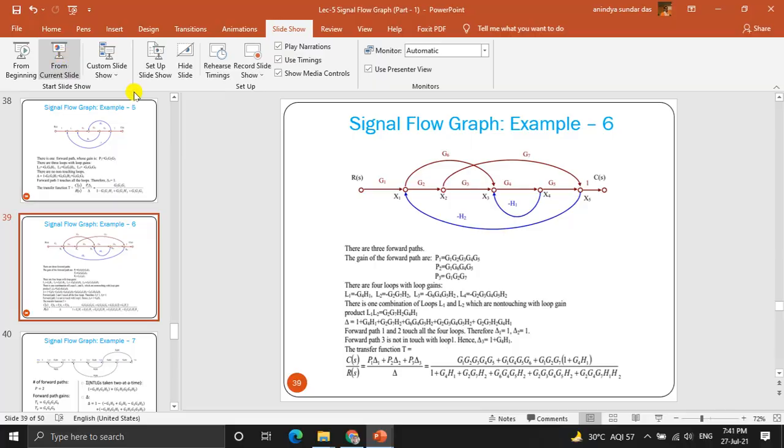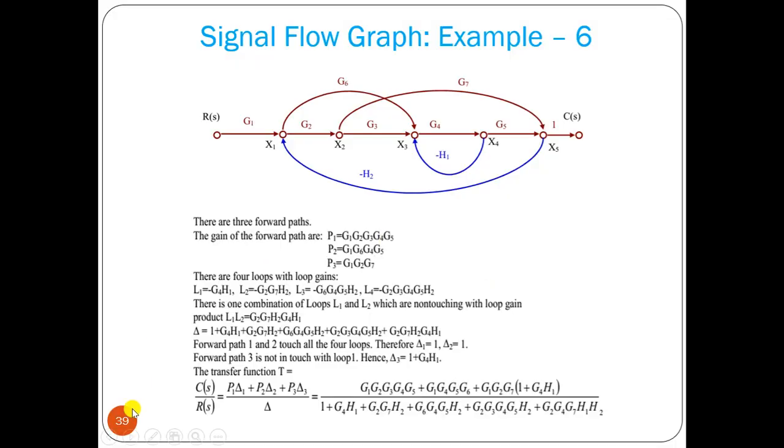Now we can look for loops. How many loops are there? This can be one loop, loop 1, G4 into minus H1. Then we can go for this G2, then G7, then come back through this bigger loop. That can be your loop 2: G2, G7 into minus H2, L2.